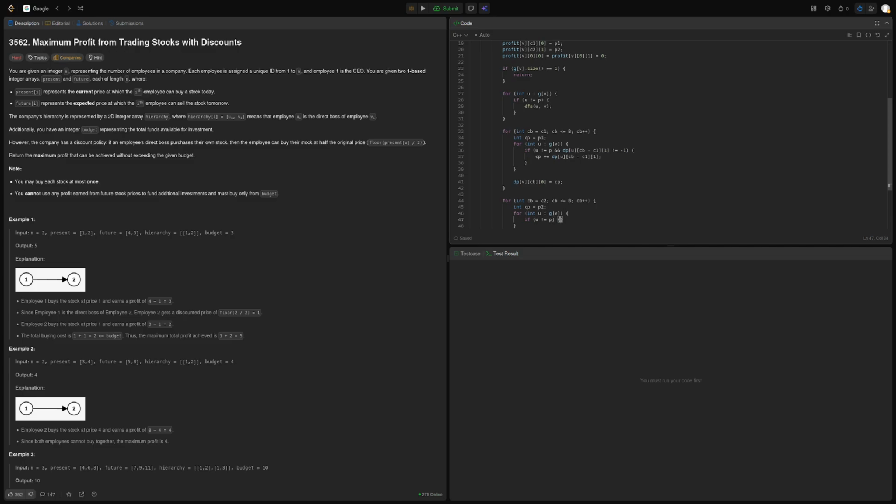DP U is not P, and DP U of CB minus C2, our boss did not buy, doesn't equal minus 1, then CB plus equals DP U current budget minus cost 2 of our boss buying, and then DP V CB, our boss, wait a minute, our boss buying is equal to current profit, and finally we go over the case where we didn't buy anything.